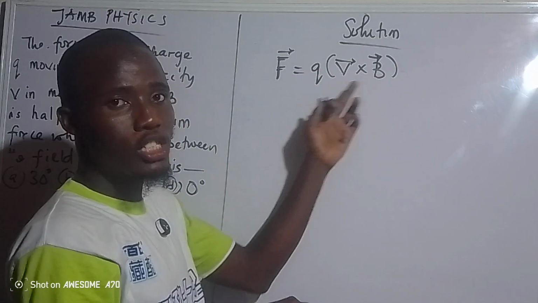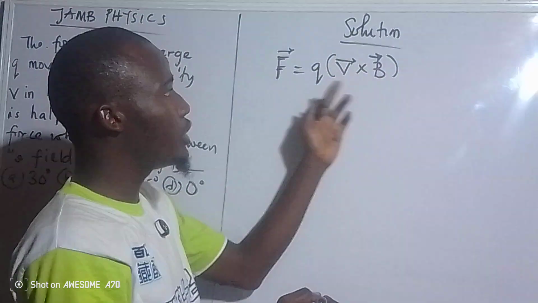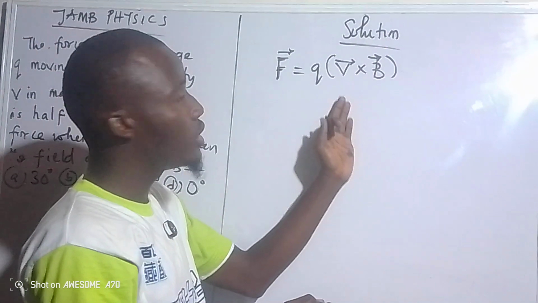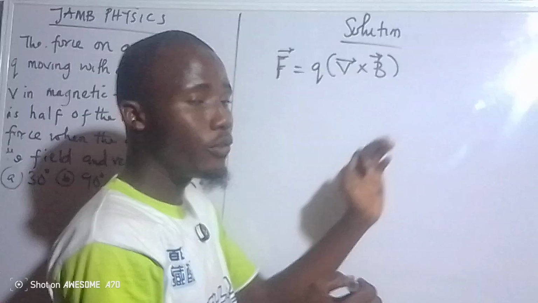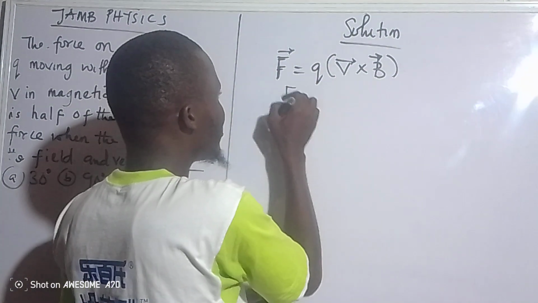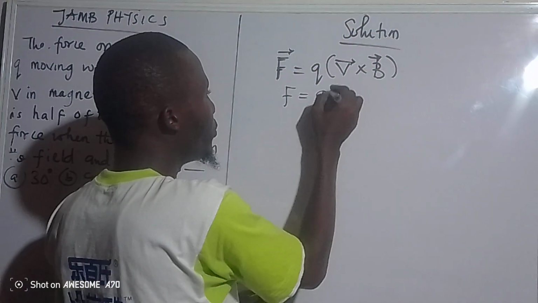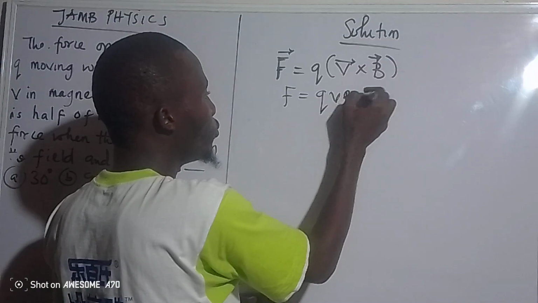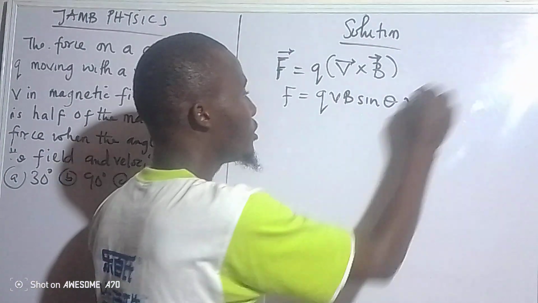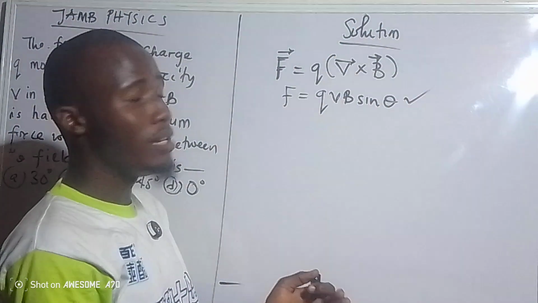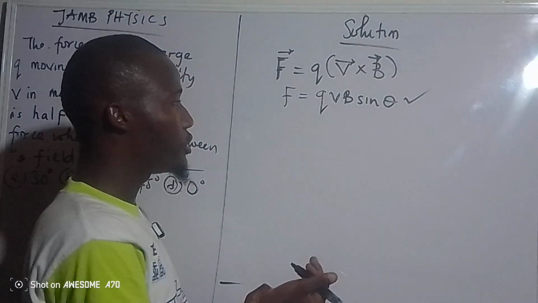So in our vector multiplication, V cross B, the cross product of two vectors is just the magnitude of the two vectors multiplied by the sine of the angle between them. That is, F should become QVB sine theta. This is the Lorentz force law without an electric field added to it.